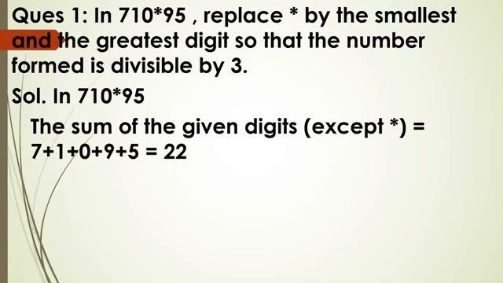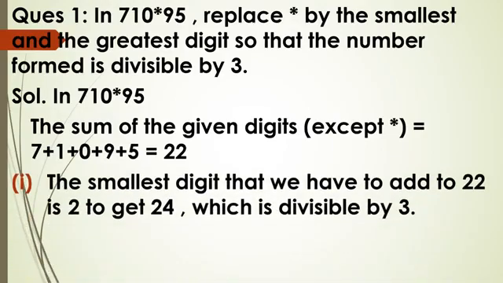So first of all we find out the smallest digit. The smallest digit that we have to add to 22 is 2 to get 24. When we add 2 to 22, it will make 24, which we know is divisible by 3.